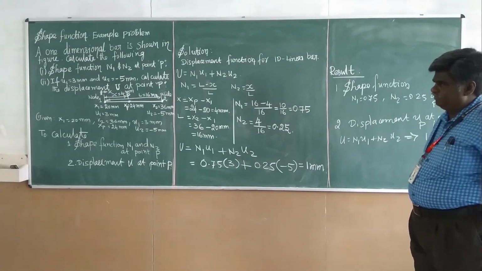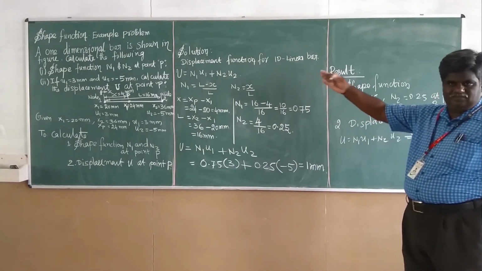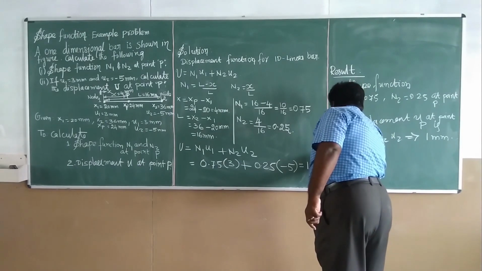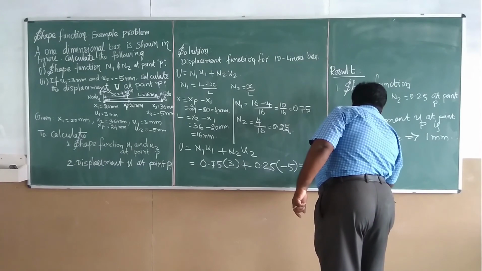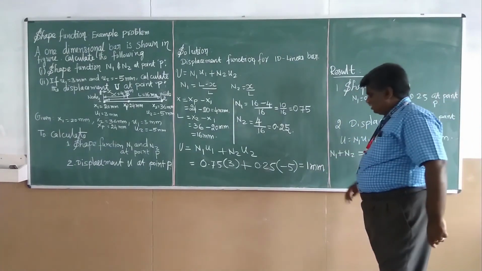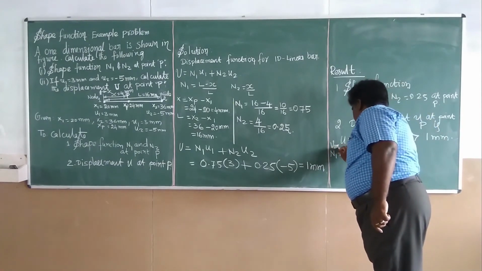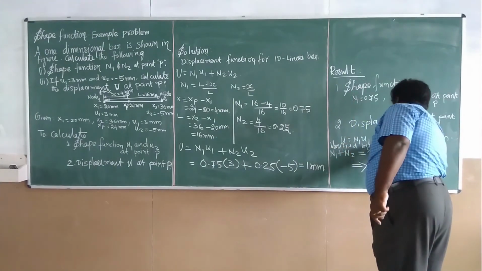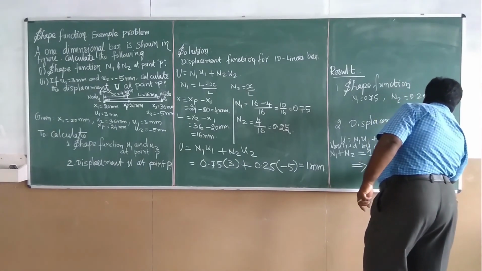You can verify your answer by using the characteristics of the shape function. One of the characteristics is that N1 plus N2 will become 1. So we can verify our problem by the characteristics of the shape function.